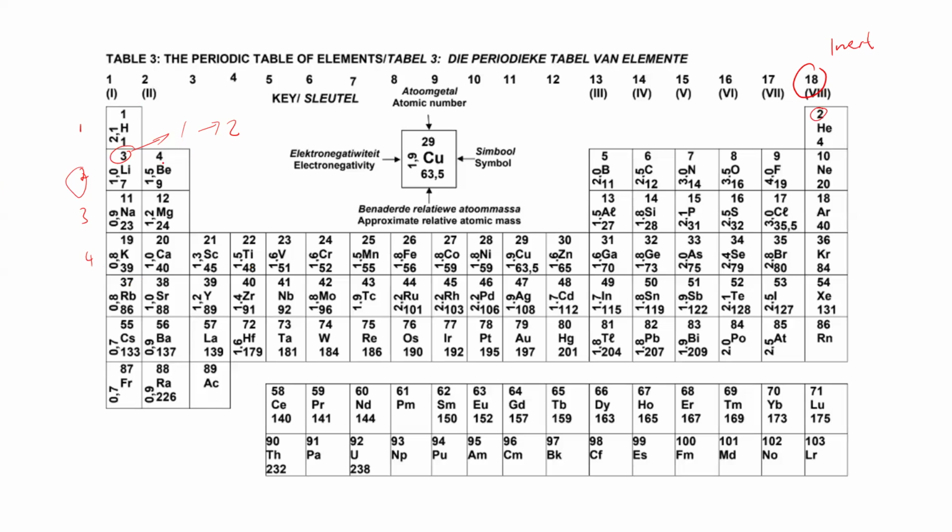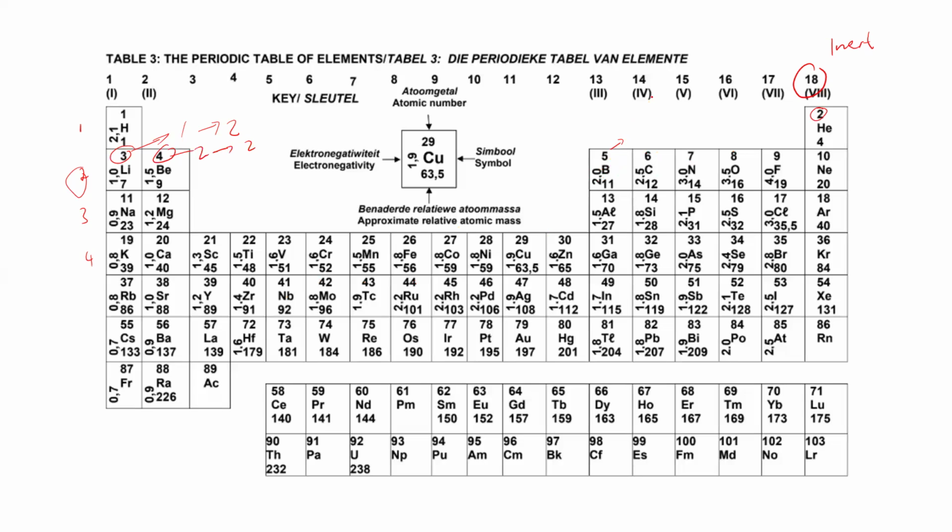It's the same even with beryllium. Beryllium is in group 2, right? It will donate 2 electrons and be left with 2 electrons. Those are the maximum number of electrons found in the outer energy level. Do you understand me? Then boron, by the way, is a metalloid, a semi-metal. This next one is a little bit complicated.